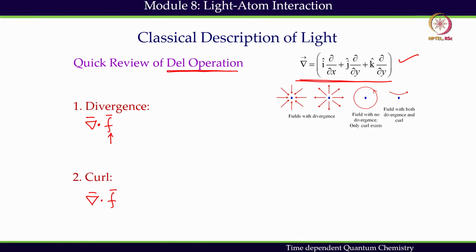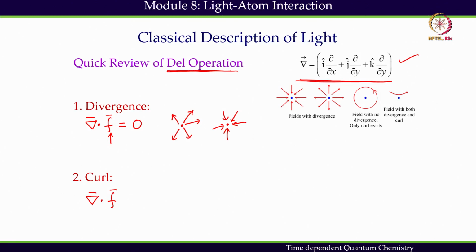If I take the dot product and it is 0, it means that the field is not diverging from a point in the medium or converging to a point. None of this is happening. So by doing this mathematical operation, we get to know the nature of the field or the force I have in the medium.